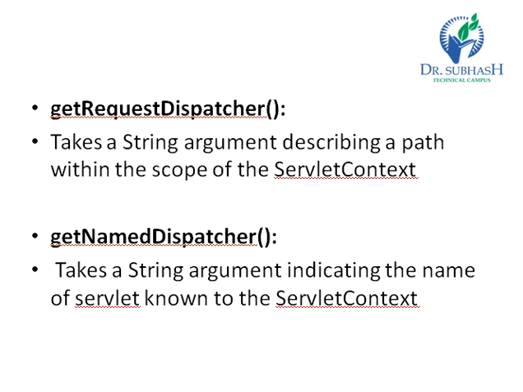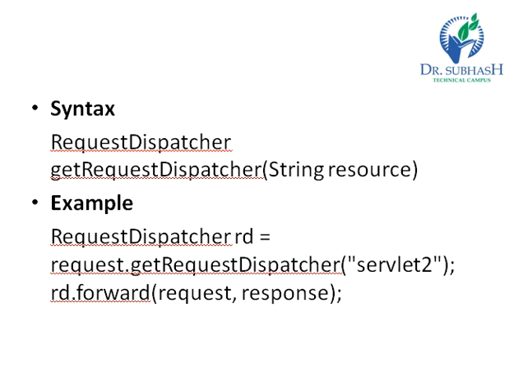Now we see the syntax of RequestDispatcher. Here is the basic syntax of the RequestDispatcher method. So the first method is getRequestDispatcher. Here we pass one parameter as a string.